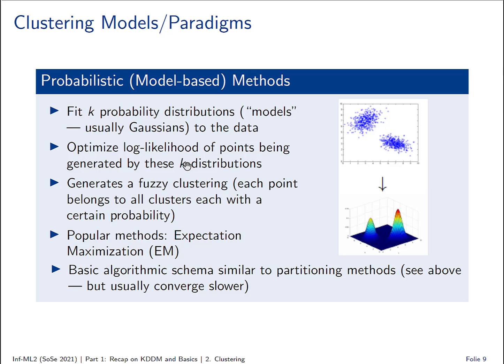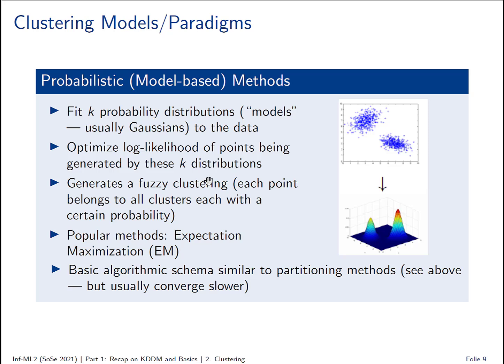The assignment of points to distributions is basically computing the probability of each point to belong to each of the k distributions, and based on these probabilities of the individual points, you can recompute the k Gaussian distributions, so the mean and the covariance matrices of the k distributions.